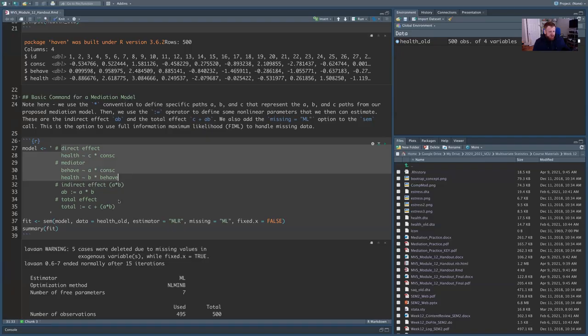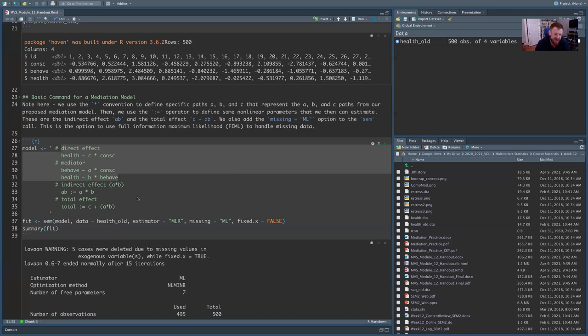And so this operator here, I think it looks like a person with a nose or something. It's kind of weird. It's a colon and then an equal sign. So the colon equal sign is used to define what's called a nonlinear parameter.